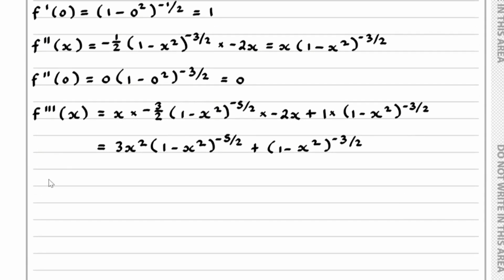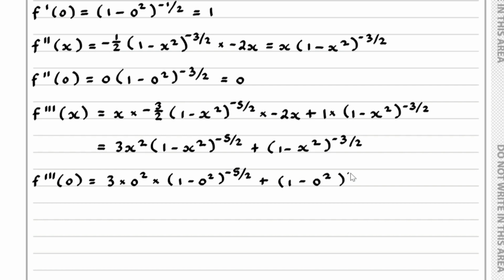And so f triple dash of 0 is equal to 3 times 0 squared multiplied by 1 minus 0 squared to the minus 5 over 2 plus 1 minus 0 squared to the power of minus 3 over 2.